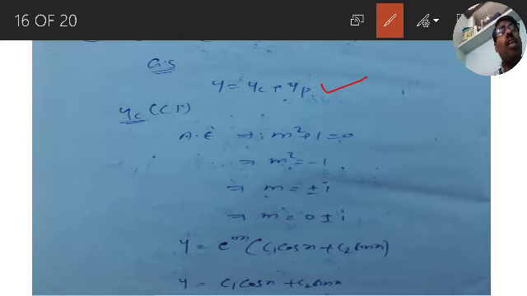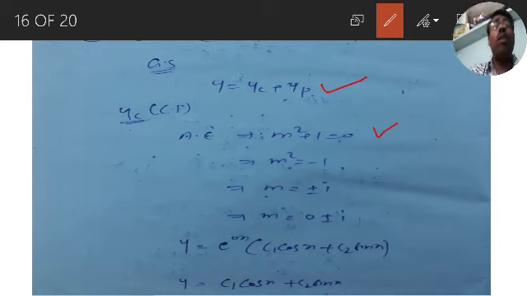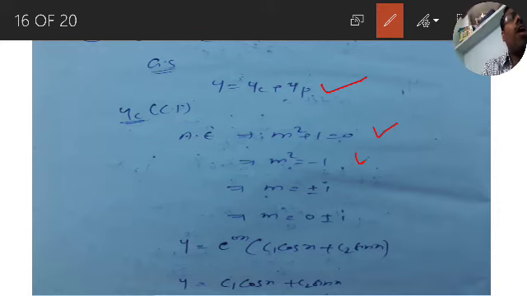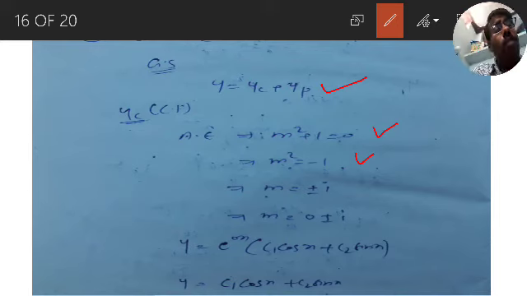Now the auxiliary equation is m square plus 1 is equal to 0. Taking 1 to the other side, you get minus 1, that is m square is equal to minus 1. M is equal to plus or minus square root of minus 1. What is square root of minus 1?